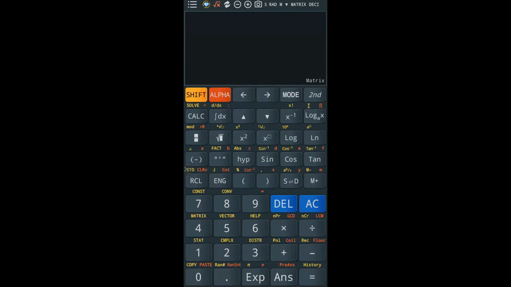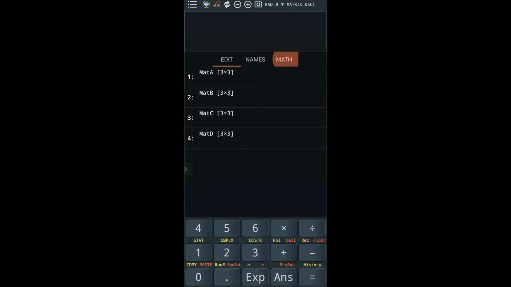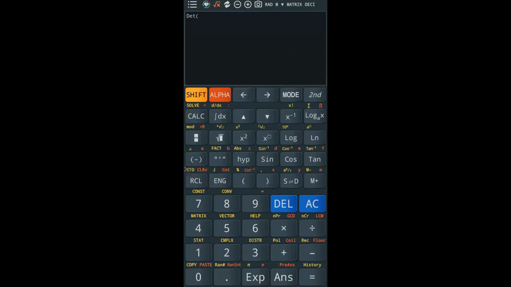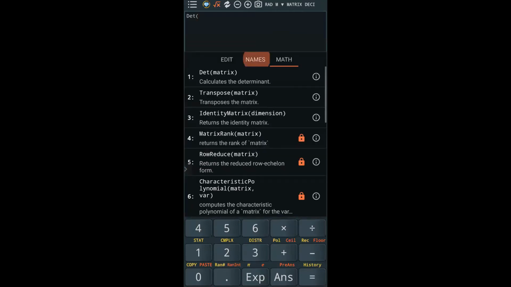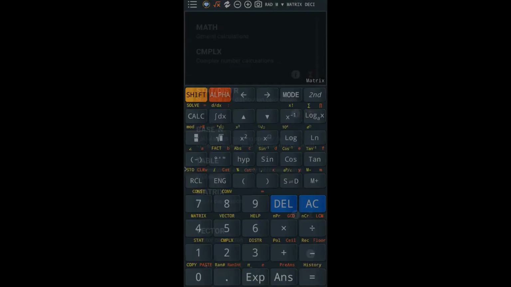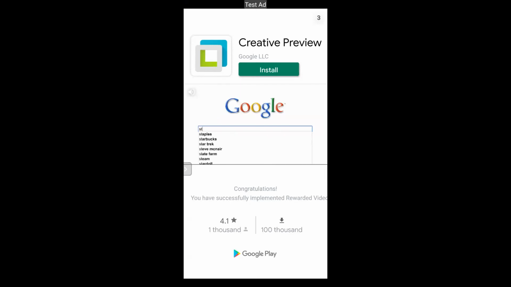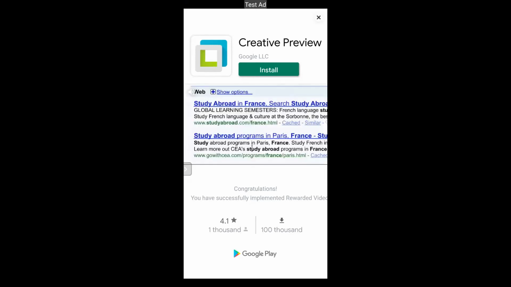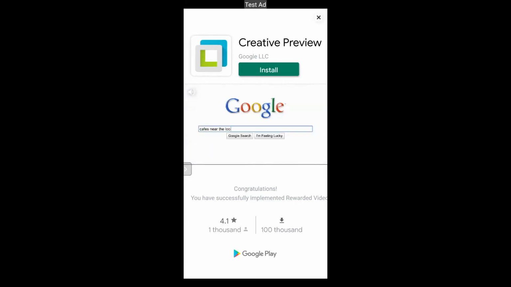Okay, I will take now shift matrix. I need to calculate determinant of, again, shift matrix of matrix A, right? So that I'm getting as 3.75. So how much? 3.75 by 2. What answer you're getting? 3.75 by 2. 1.875. This is the answer you are getting, right?